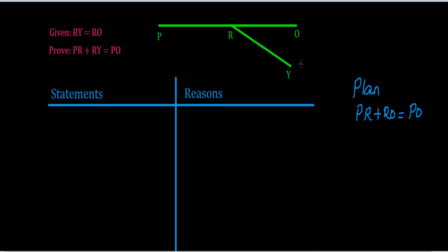And once I state that, look at this. Once I write that out, automatically I look at my given statement, and guess what? They're telling you, look, RY is equal to RO. So that tells me that I can take this RO and rewrite this statement and substitute RY for RO, because RY is the same thing as RO.